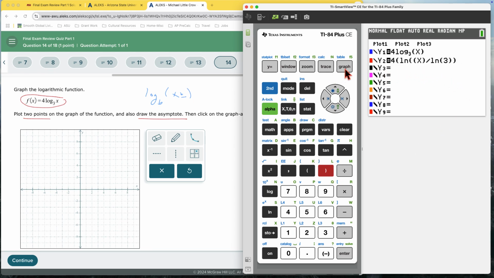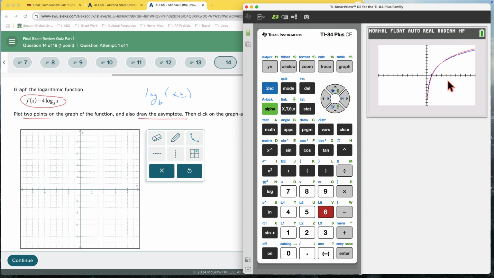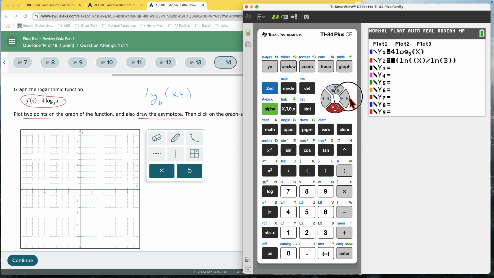What I'll show you is when we graph this, let's go zoom standard just to make sure we've got the right window. There's the blue, and the red is almost on top. But it's not exactly the same. What did I do wrong? 4 times. Oh, I have an extra parentheses in here.